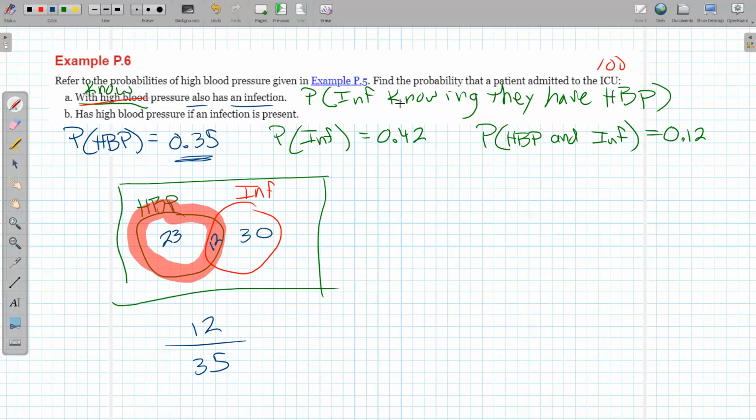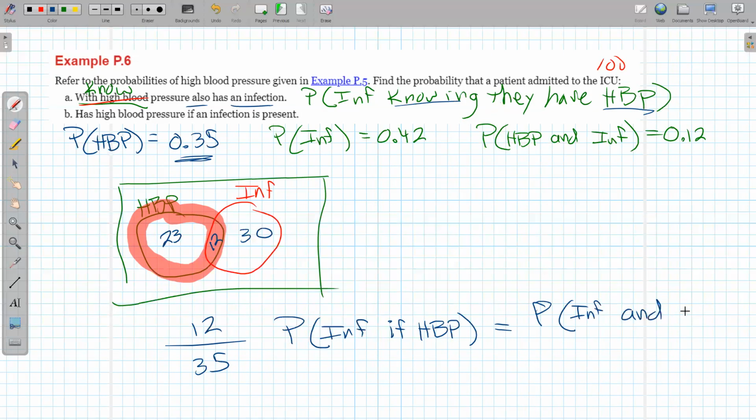The other notation for saying that we know some information about them is the probability they have an infection if they have high blood pressure. And the formula for that is the probability that they have an infection and high blood pressure, which I went over last time, divided by this knowledge right there.